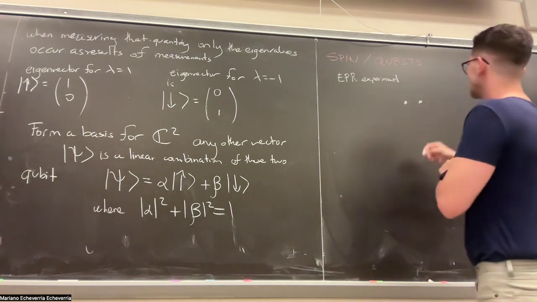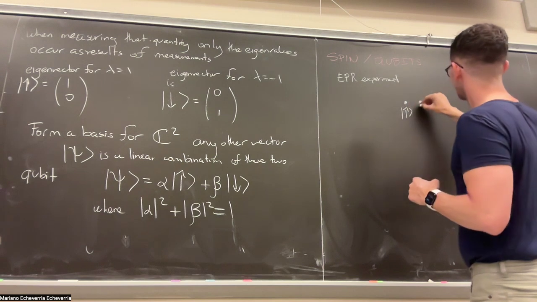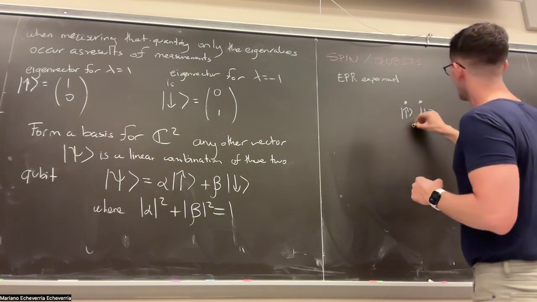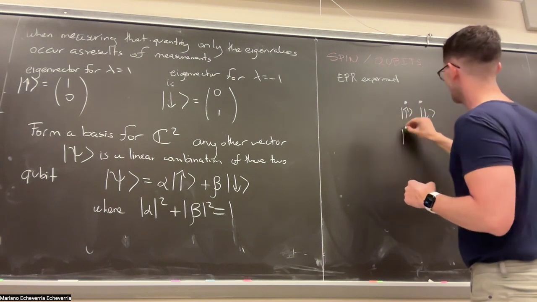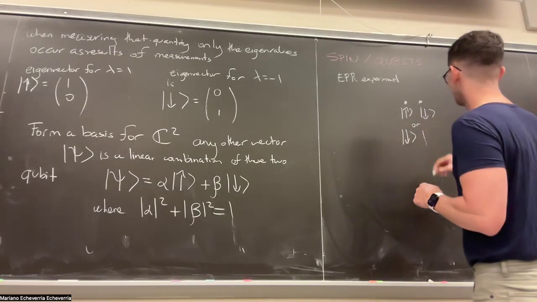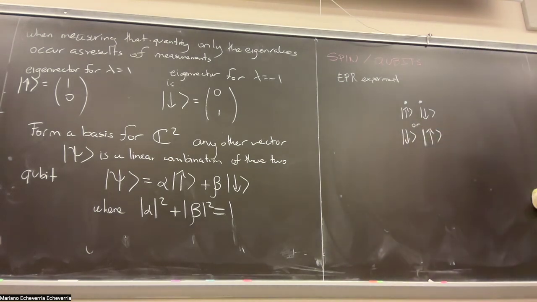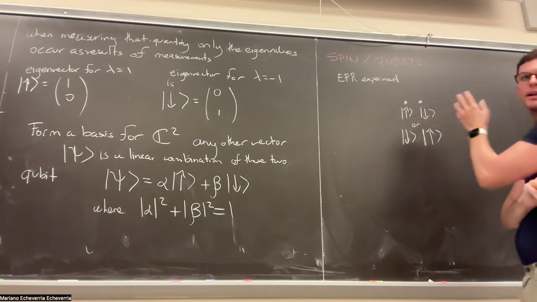Meaning that if this one has spin up, the other one has spin down, or if this one has spin down, the other one has spin up. This is called a perfect anti-correlation, right?